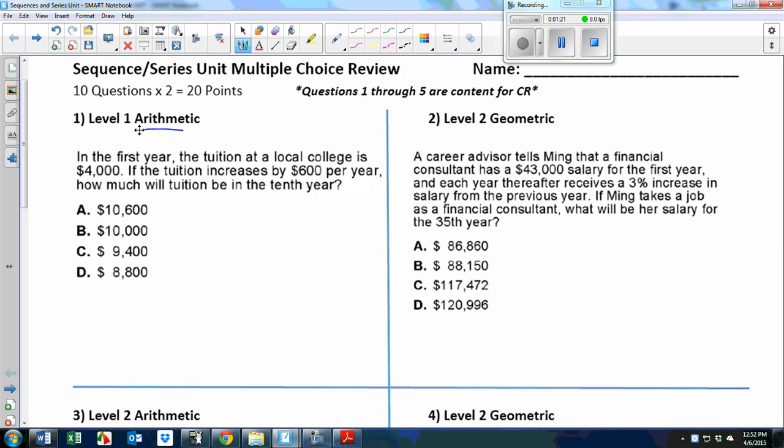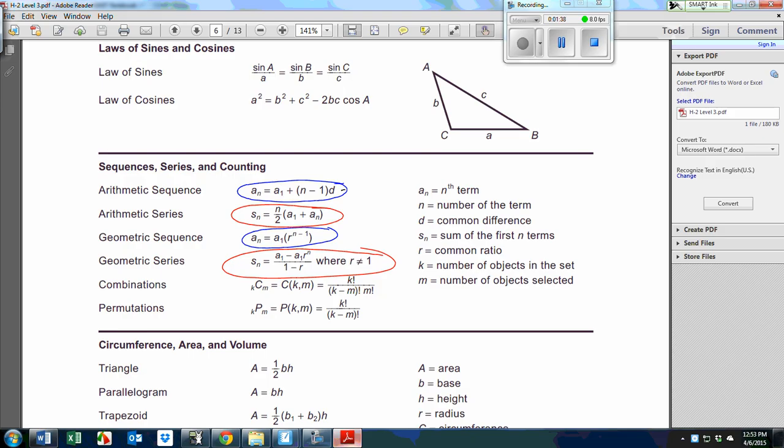So arithmetic: first year of the tuition is $4,000. It increases $600 each year for 10 years. What will it be in the 10th year? While you could list them out, since it's a list, it's a sequence, so let's force ourselves to use the formula a sub n equals a sub 1 plus n minus 1 times d.